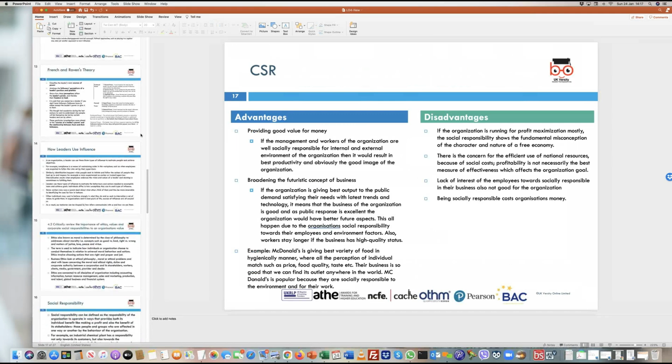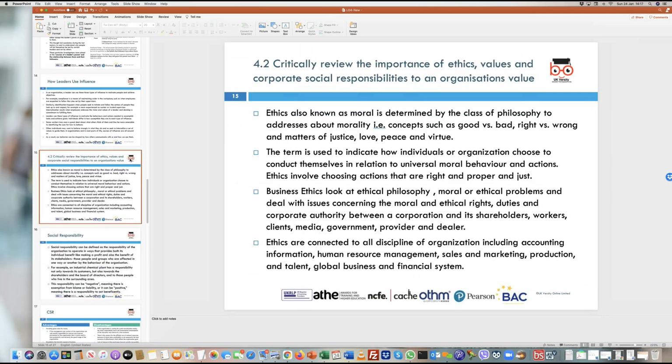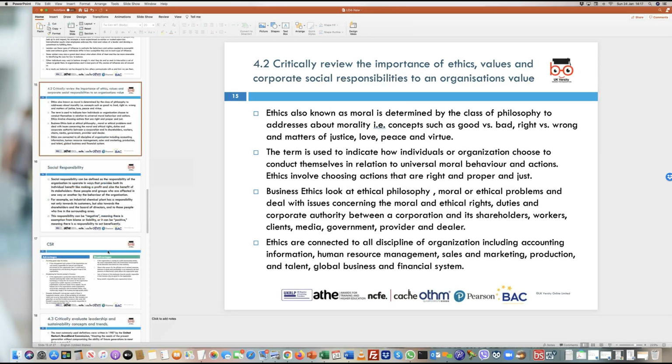So that would help cover your task 4.2. Here essentially, because it's talking about critical review, you would need to talk about the pros and cons, either the advantages and disadvantages, whichever way you put it. And that would need to relate to ethics, corporate social responsibility, and how they look at exercising this within the organization.